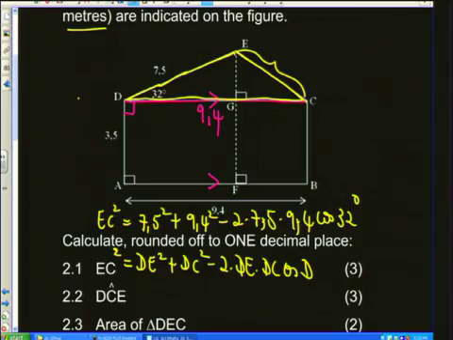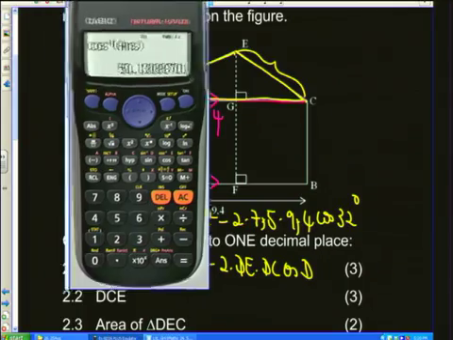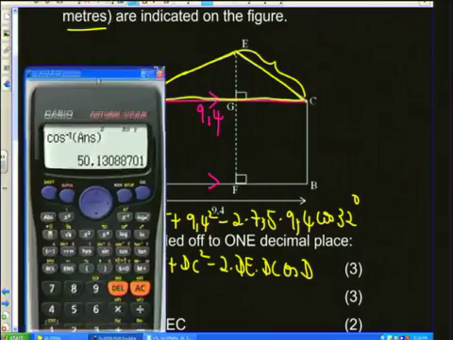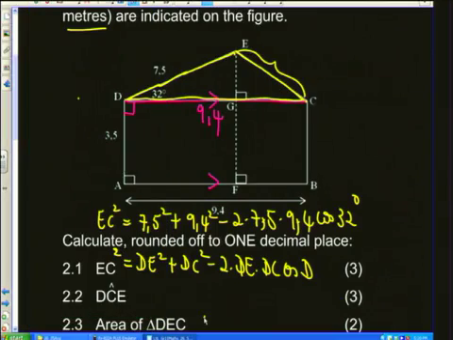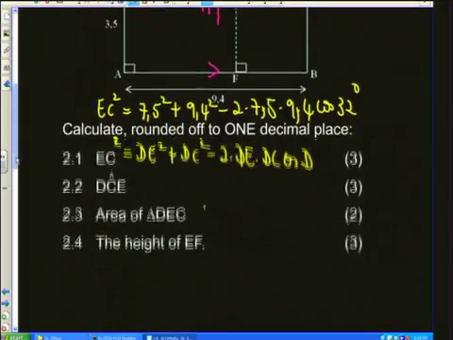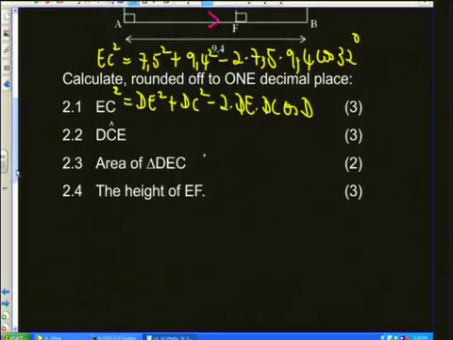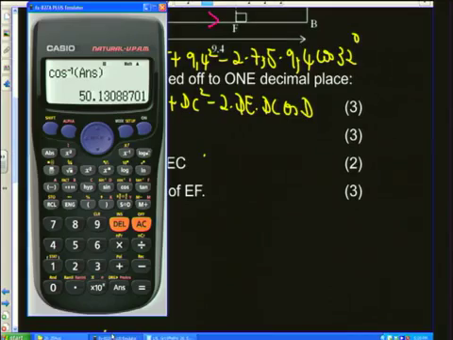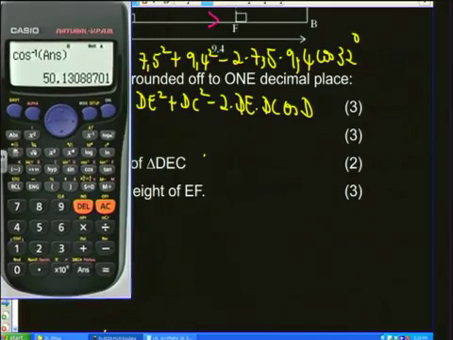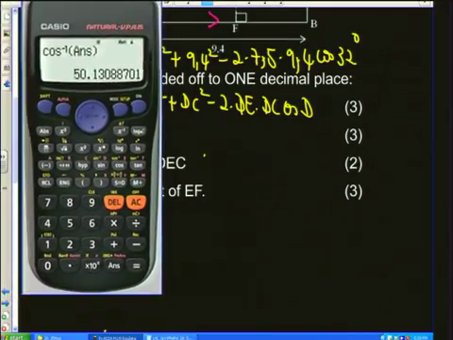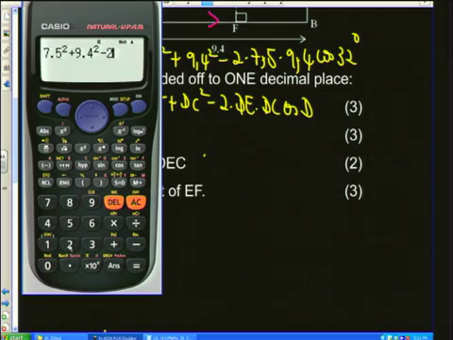So if we take our calculator, we've got 7.5 squared, we add 9.4 squared, and we take away twice those two values times cos 32.